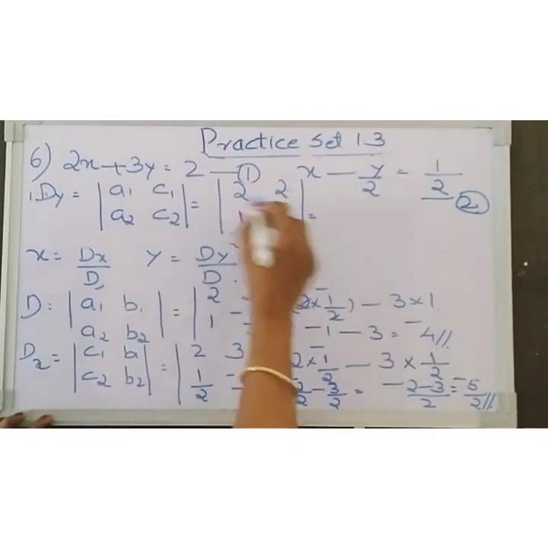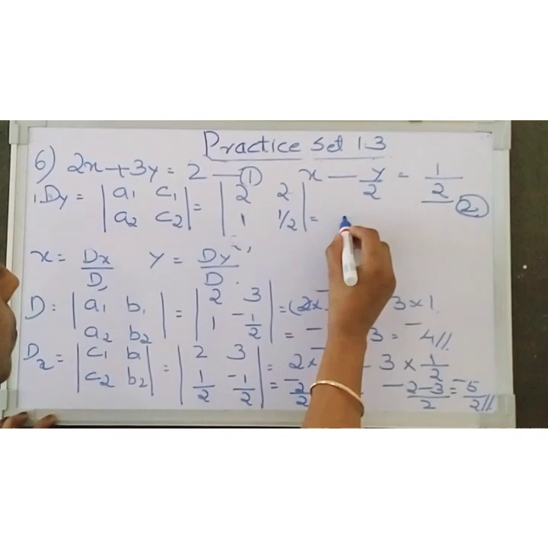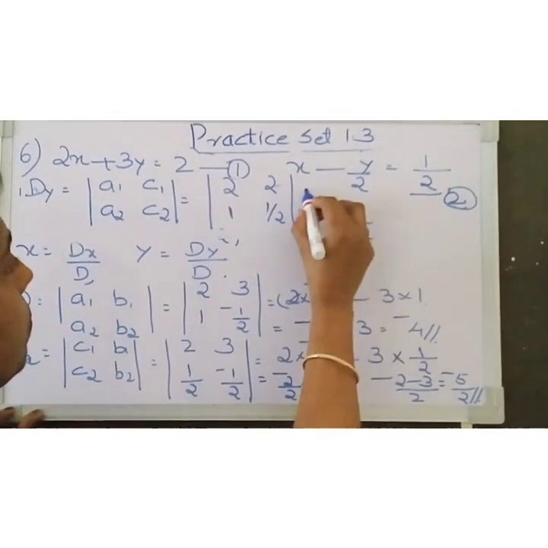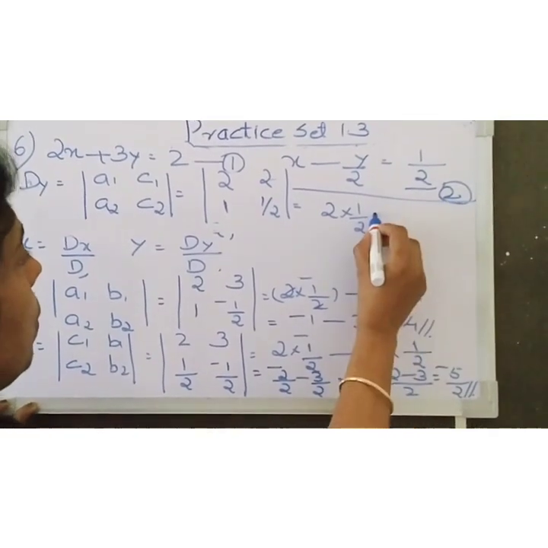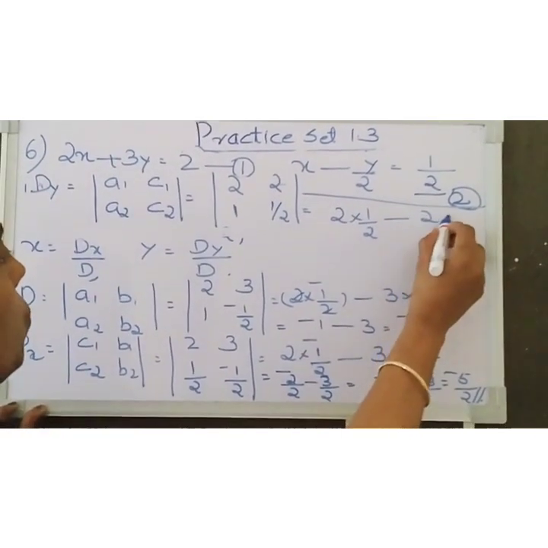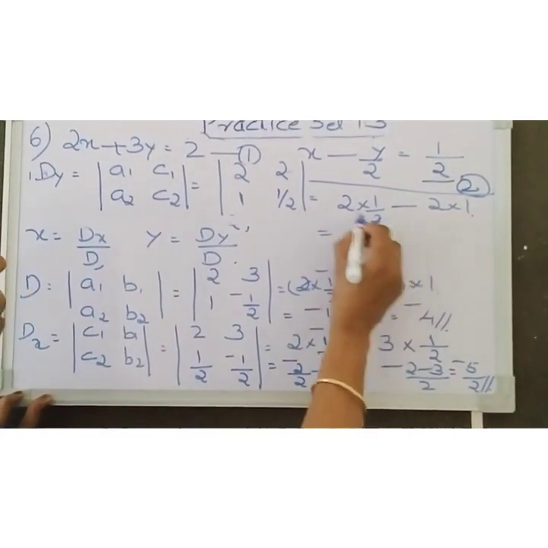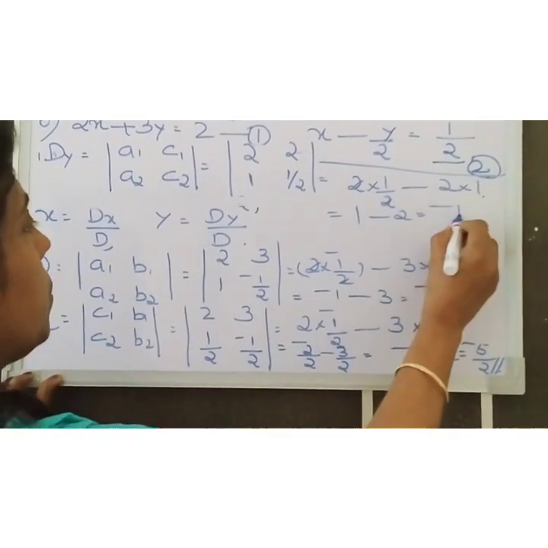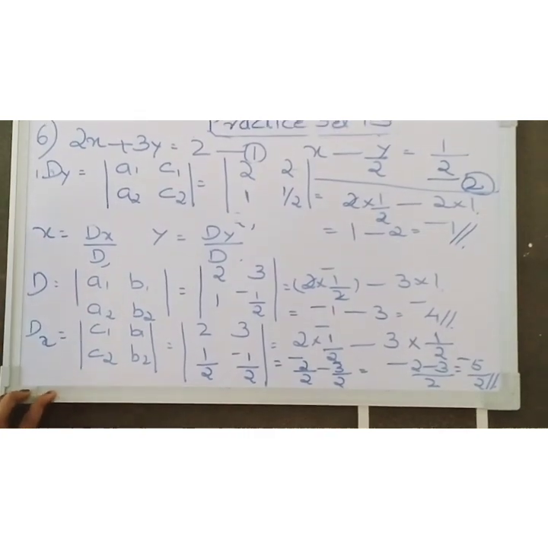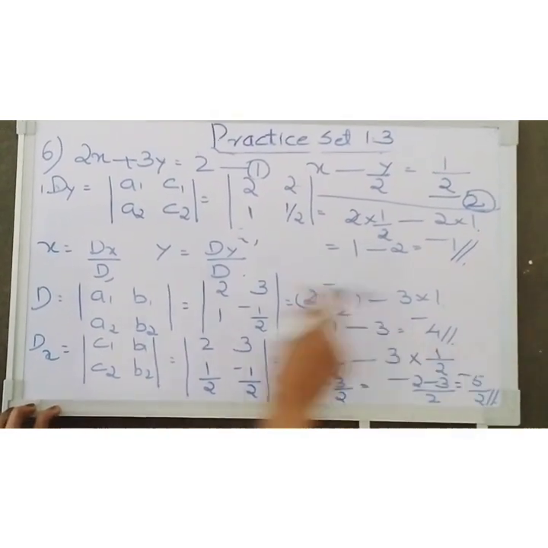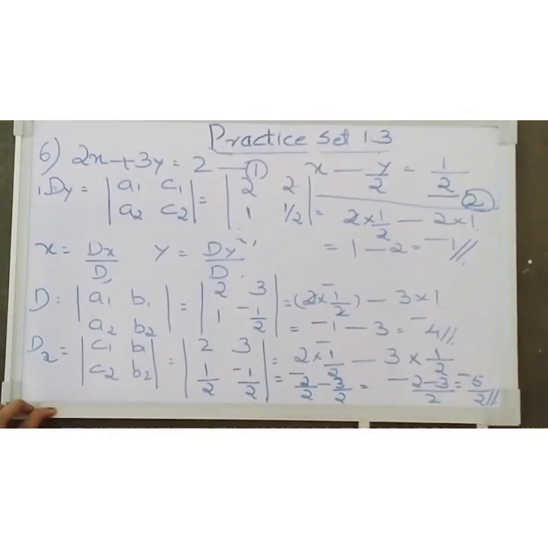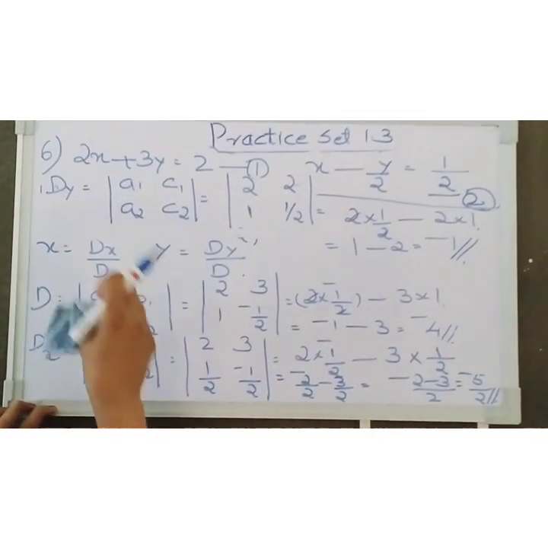That is 2 into 1 upon 2 minus 2 into 1. 2 and 2 cancel. Therefore 1 minus 2 is negative 1. Dx is equal to minus 5 upon 2. D is equal to negative 4. And dy is equal to negative 1.